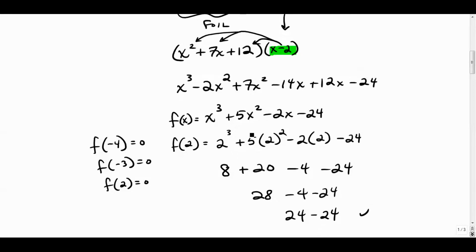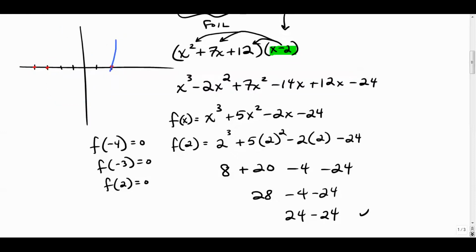Cool. So on a graph, if you were to graph this, -4 is over here, 1, 2, 3, 4. So there's one of my zeros. -3 is also a 0, and +2 is a 0. This is a cubic with a positive lead coefficient, so the end behavior is going to go up on the right and down on the left, so this function is going to look something along these lines.